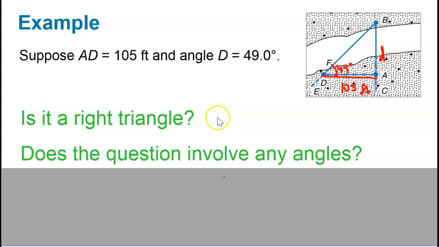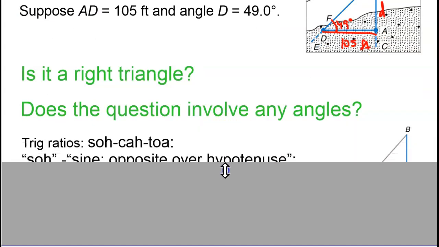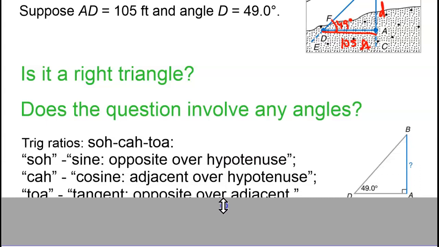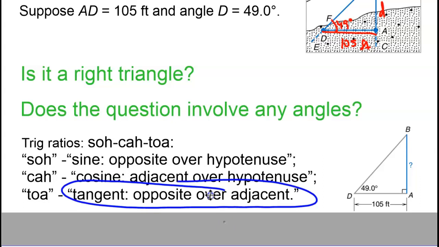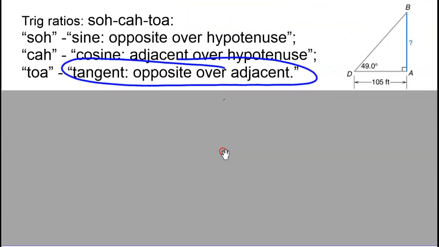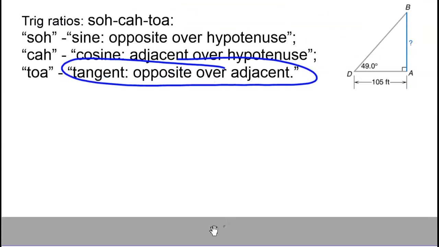So if we've got an opposite side and an adjacent side, then we know we can use tangent. So we'll use the tangent ratio, and let's write this out. The tangent of 49 degrees equals the opposite over adjacent.